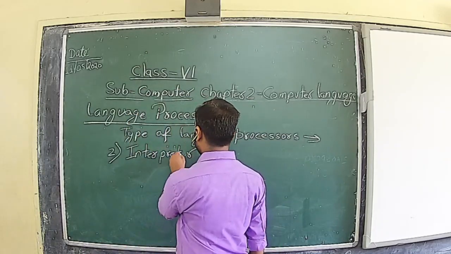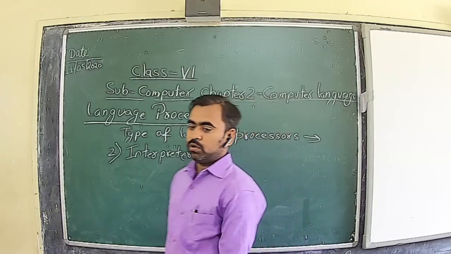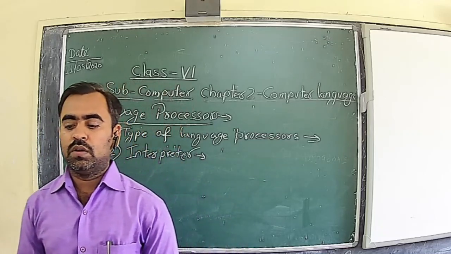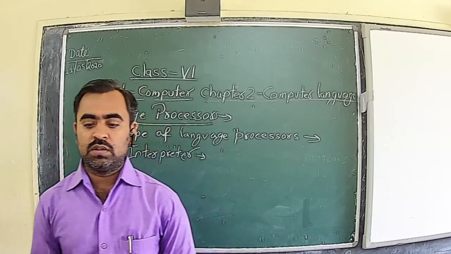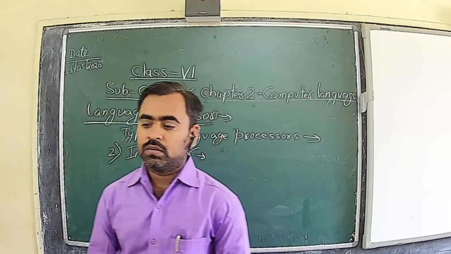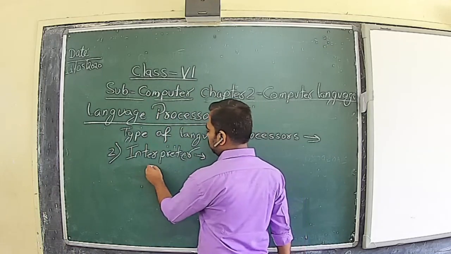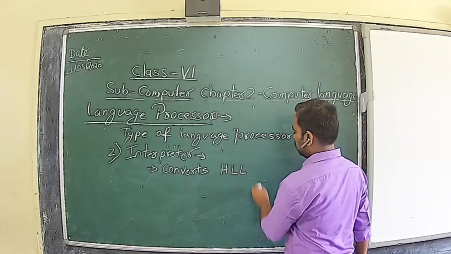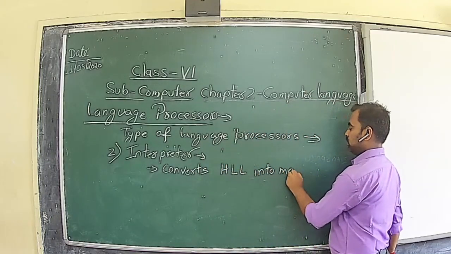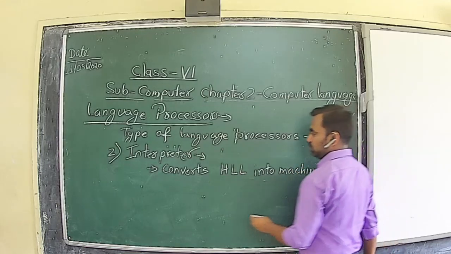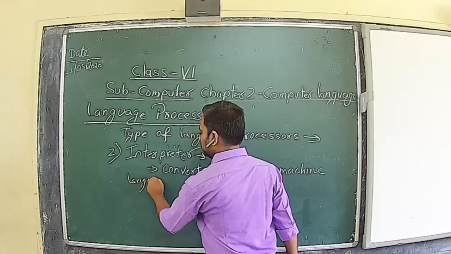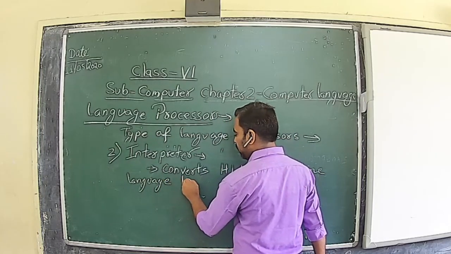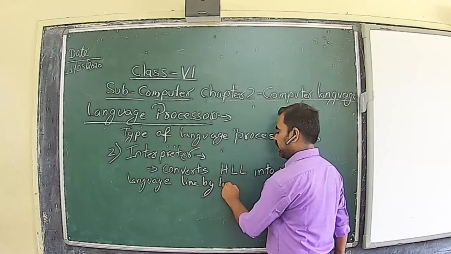The second type of language processor is the interpreter, which converts high level language into machine language line by line, one line at a time.